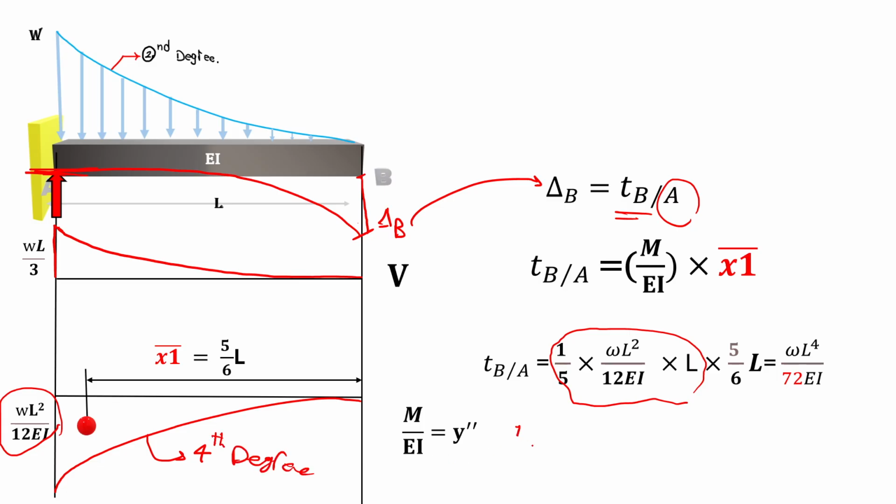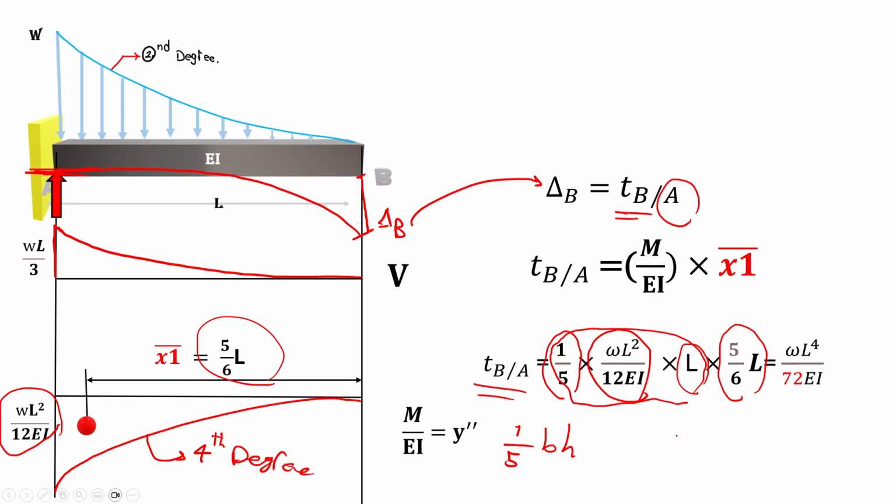Area is 1 over 5 BH, let's say. And definitely 1/5 is here. Our H this time is WL squared over 12 EI, and our B is definitely the length times x bar 1, which is 5 over 6 times L. And if you do the math, it simply gives you WL to the fourth over 72 EI.